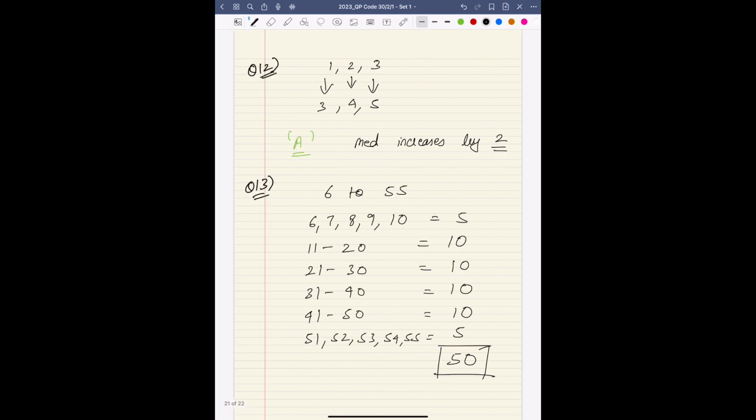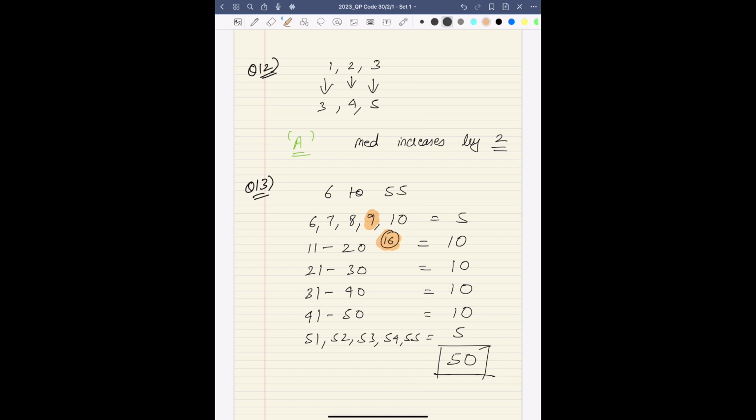Now, the number of favorable outcomes. What are the favorable outcomes? They're saying how many are perfect squares, right? So from these, how many perfect squares are there? In 6 to 10 you get one. In 11 to 20, you get one as 16, right?